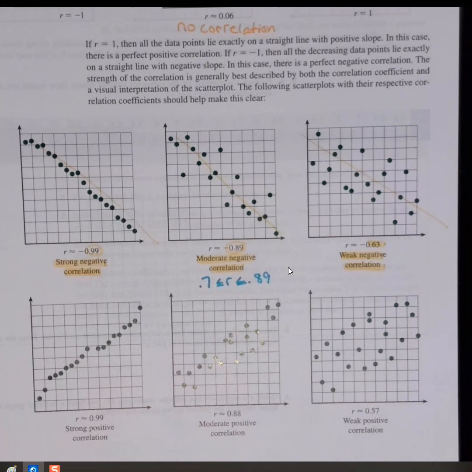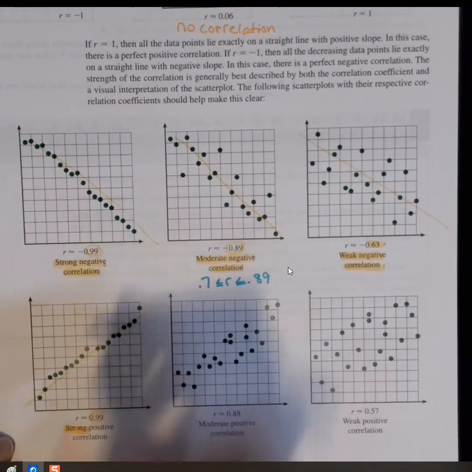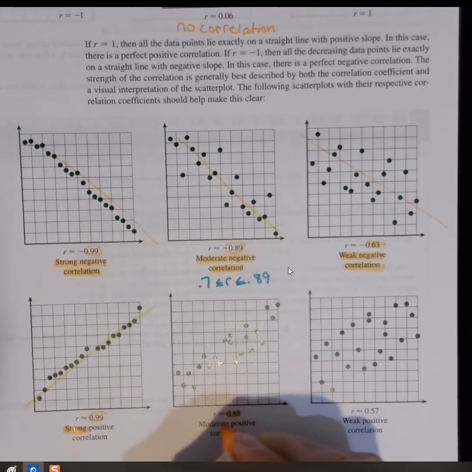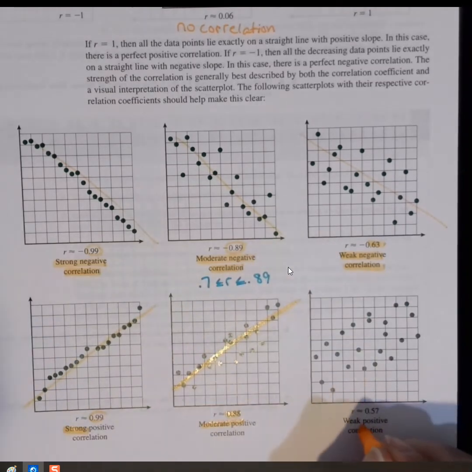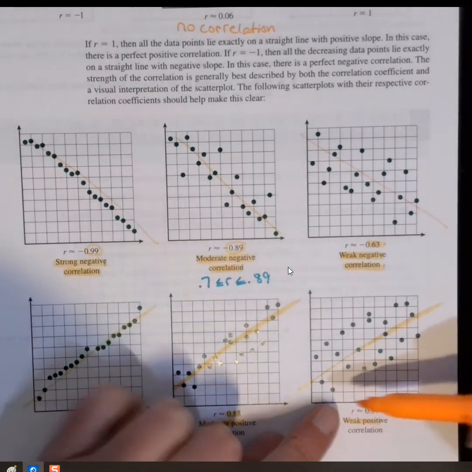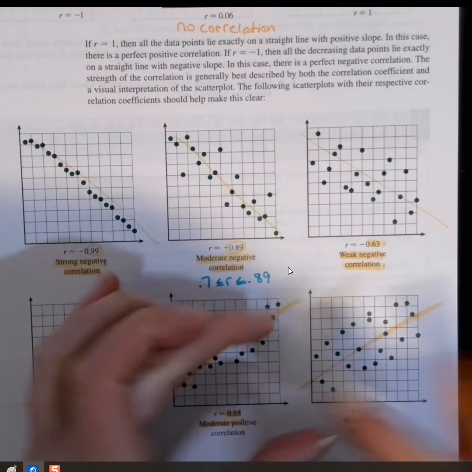Okay. The bottom graphs, we're looking at some of the correlations that are positive, but again, you'll see that you have strong when you have the 0.9s, you see the strong correlation tight towards that line. Here's another example of the moderate where you have a little bit more spread, and then the weak where that spread is even wider, but you do see generally a pattern, they are going up.